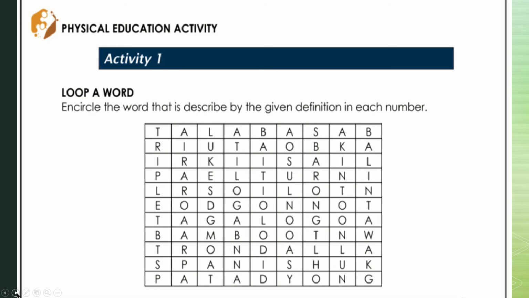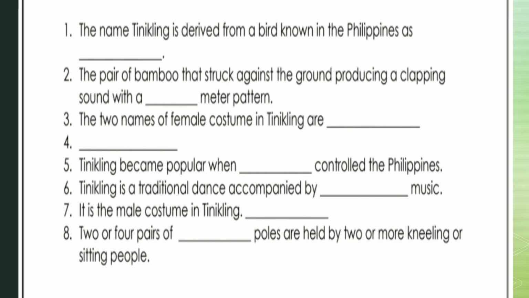Alright, so for your activity, this one is a loop a word. In here, you are going to encircle the word that is described by the given definition in each number. So you need to read first the definition, or the statement below. For number 1, the name tinikling is derived from the bird known in the Philippines as blank.